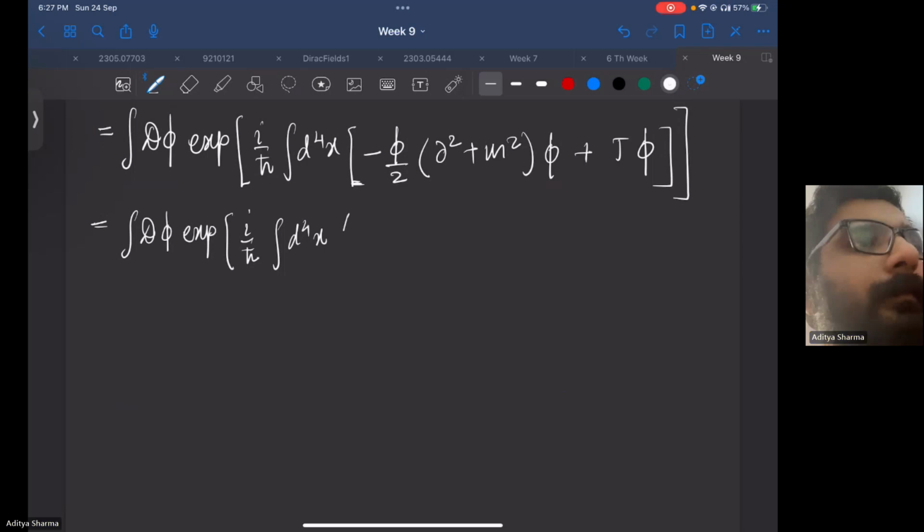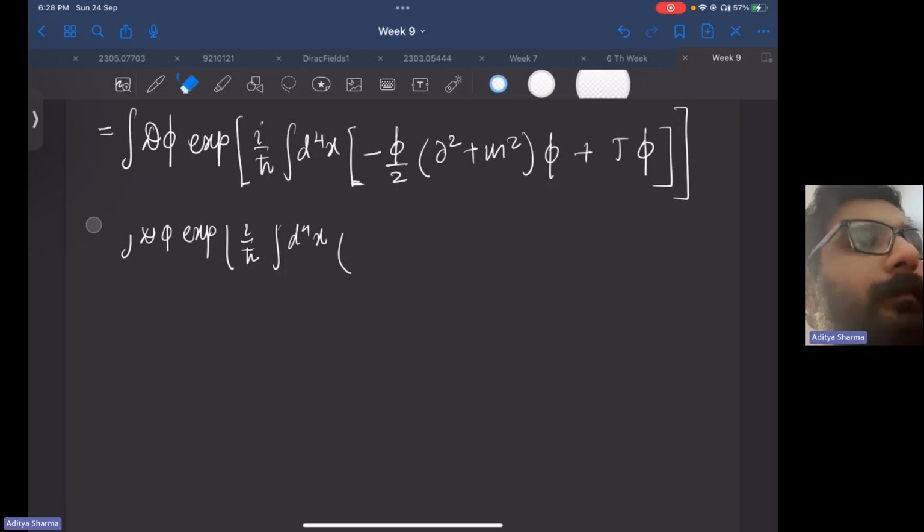But remember, del square plus m square phi is your equation of motion, which shall give you something. But we are interested in the fluctuations about the classical solution.